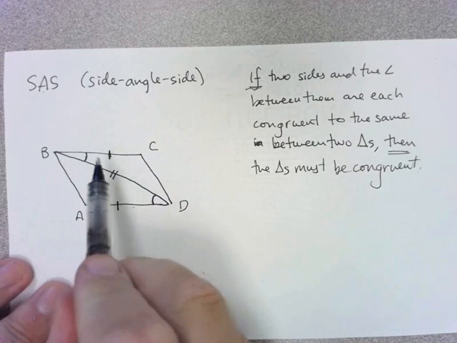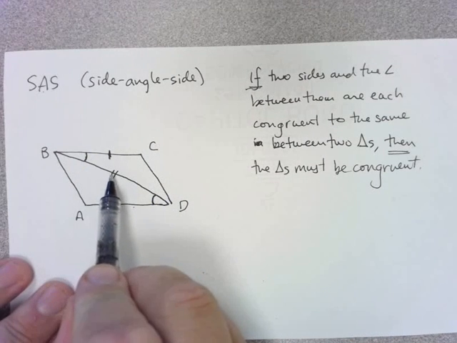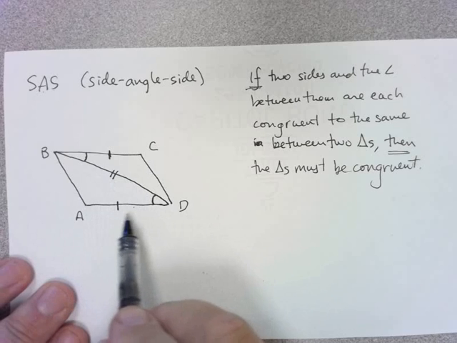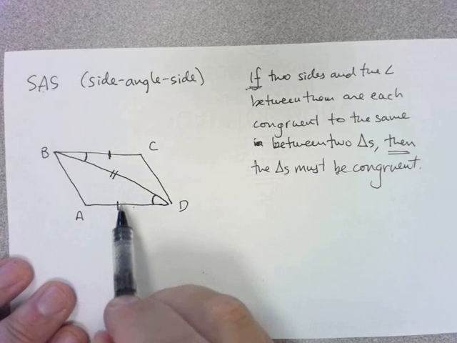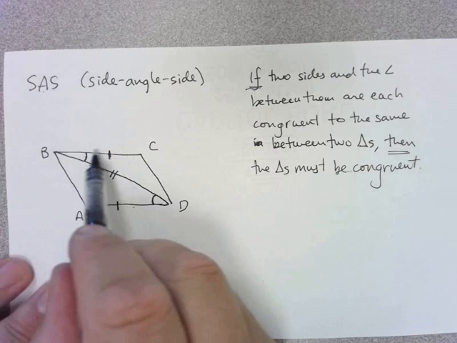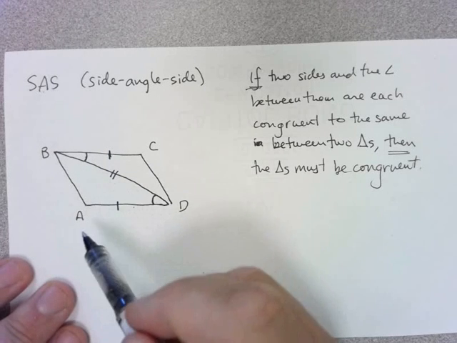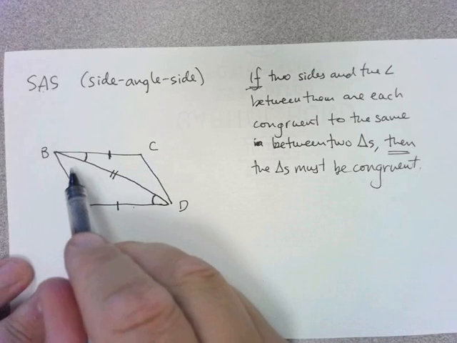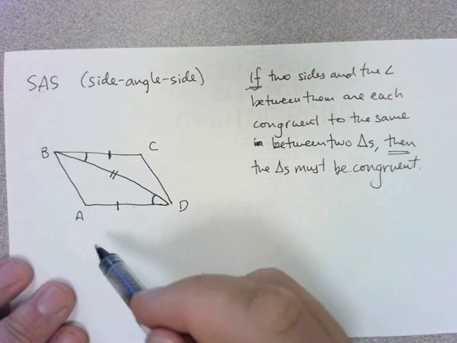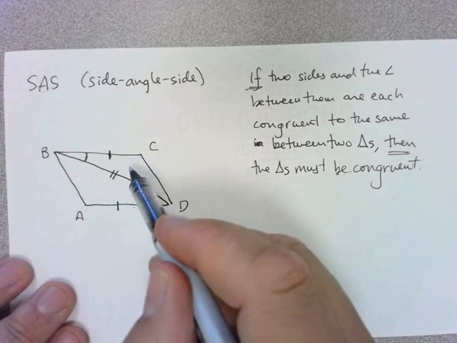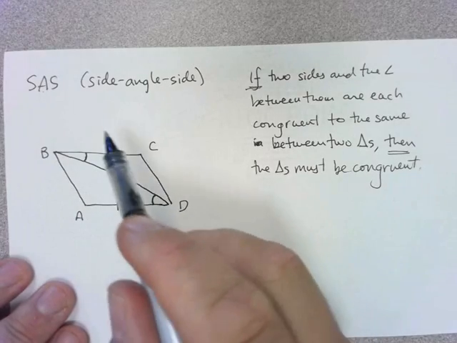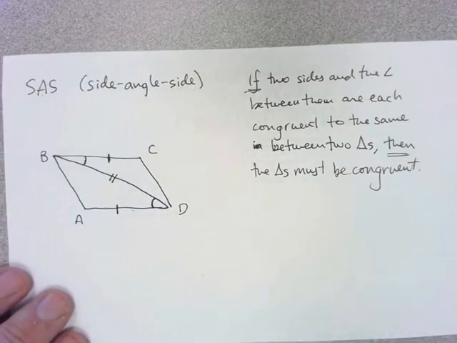If I look at these two triangles, one has the side, angle, side, and the other one has the side, angle, side matching configuration. This pattern of information that we know matches between these two triangles will guarantee that this bottom triangle, triangle ADB, is congruent to the top triangle, triangle CBD. This is the second of our congruence conditions.